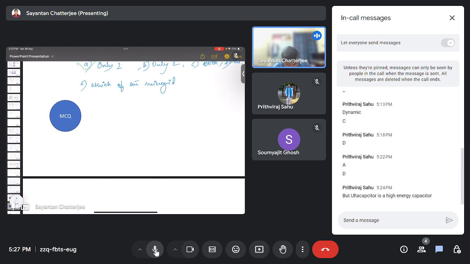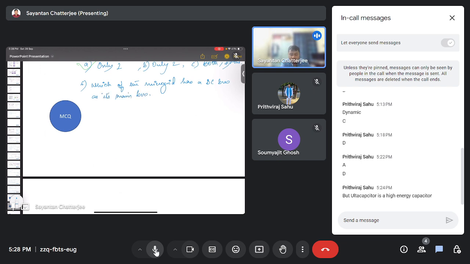Which of the microgrid has a DC bus as its main bus?